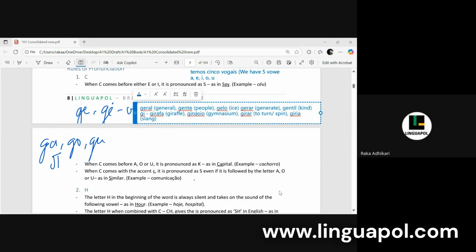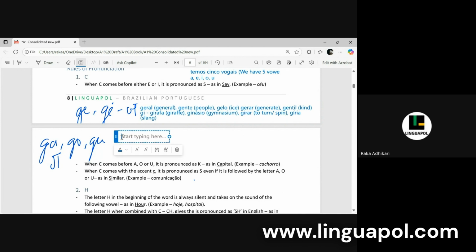I want to agree with you, or I think something is beautiful, I say cool. So cool actually means cold, right? But we use it as slang to say okay or to say that's great. So that is slang. That is called gíria. So these are the words with GE or GI, which will give a sound of J.